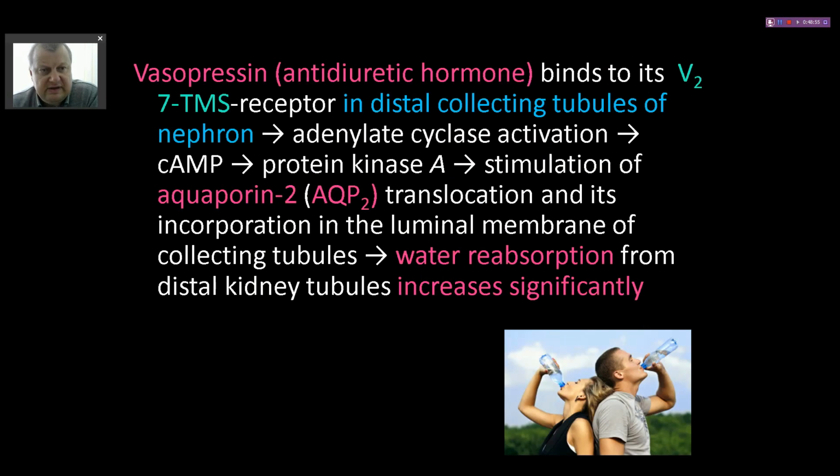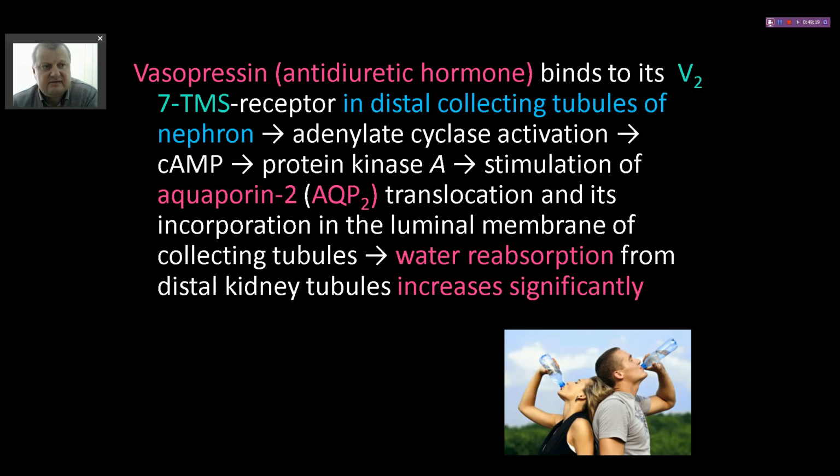Next hormone is the vasopressin. This is the antidiuretic hormone. And as I said earlier, these hormones, after binding with the special receptors in distal collecting tubes of the nephron, activate through adenylate cyclase the formation of cAMP.